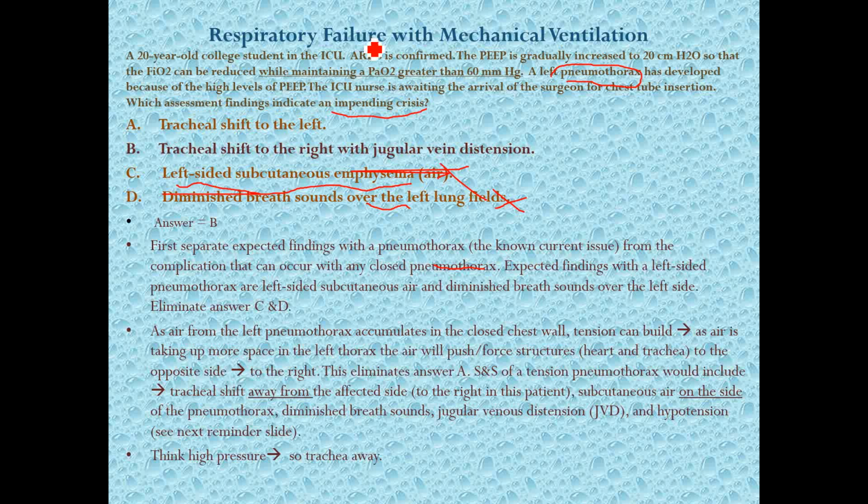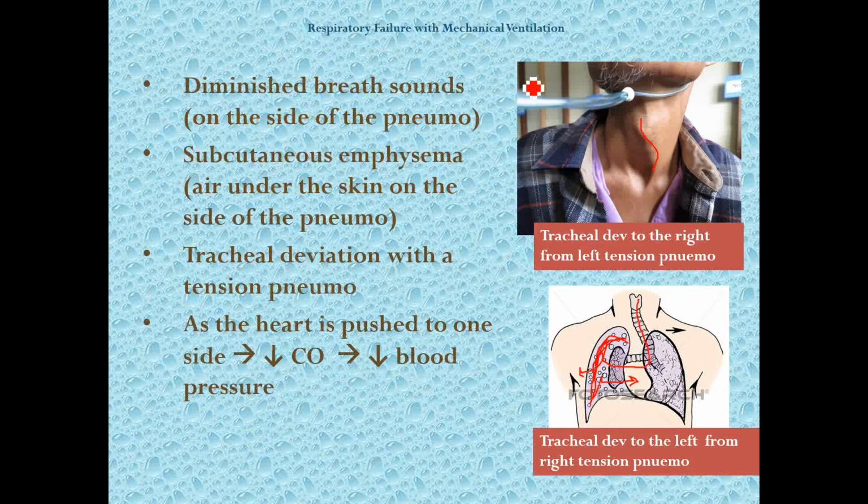Now, jugular venous distension is because what is not pictured here is that the heart sits right here. Not only will you push these structures this way, but you will also push the heart this way. If the heart is pushed over, it cannot fill and it cannot eject, and that is the cause for jugular venous distension.